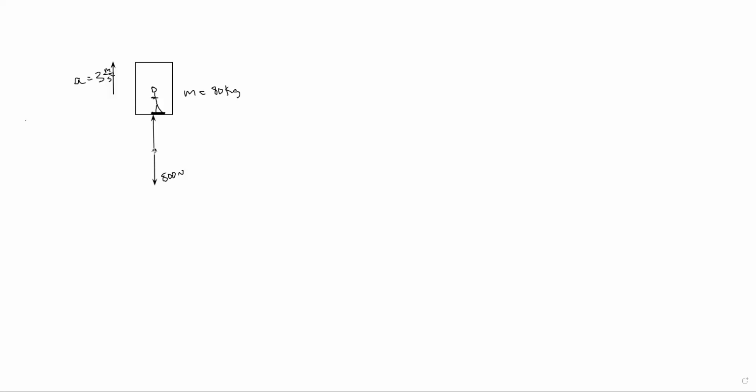The force up, which we call the normal force, has got to be bigger than the 800 down. Let me redo that normal force there. That looks a little better. So the force up is bigger than the force down.